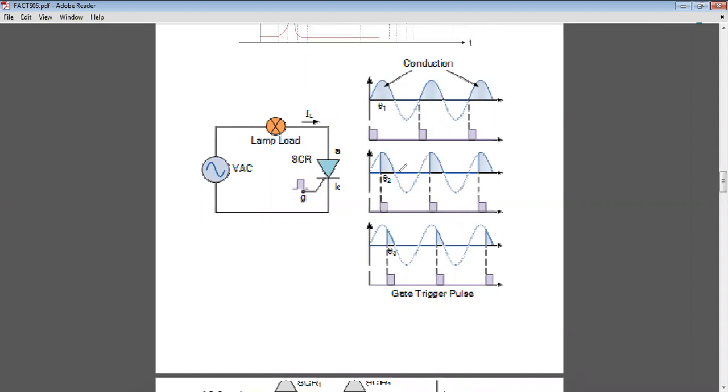You can see that even during the negative cycle you get this type of waveform, which is not shown here. That is the additional waveform you get with a full wave rectifier. So this is about the waveform of the full wave rectifier.